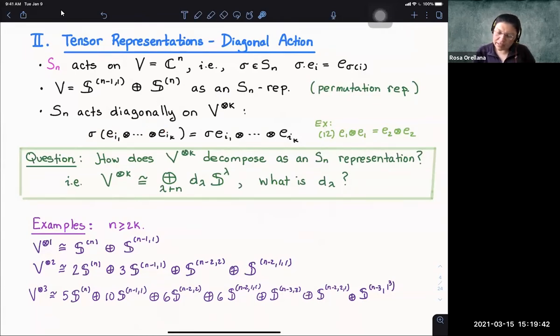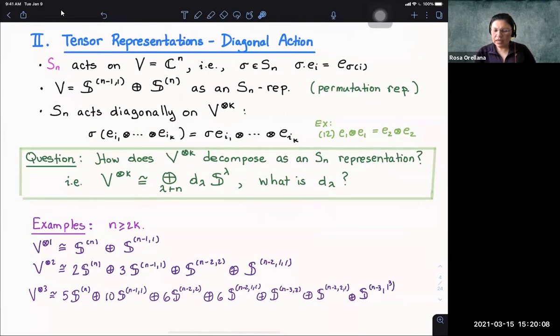Here is the example. That's why I did the other one before. When it permuted the factors, it would have left this one fixed. But now this one maps e_1 tensor e_1 to e_2 tensor e_2. So this is a different action than the one that permutes the factors, and so this is now a different representation.